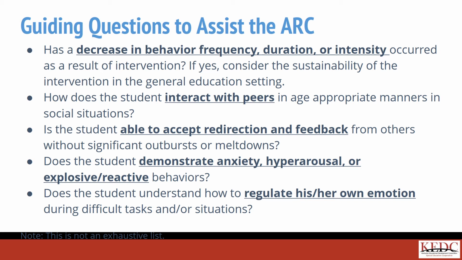How does the student interact with peers in age-appropriate manners in social situations? Is the student able to accept redirection and feedback from others without significant outbursts or meltdowns? Does the student demonstrate anxiety, hyperarousal, or explosive, reactive behaviors? Does the student understand how to regulate his or her own emotions during difficult tasks or situations?